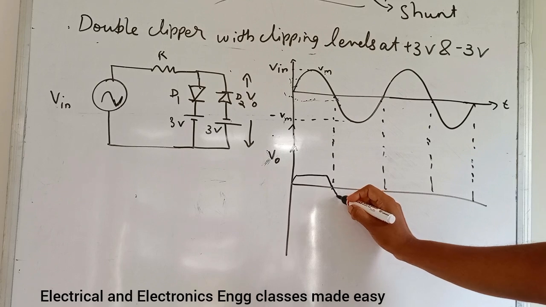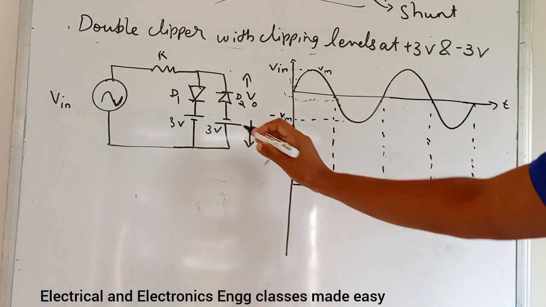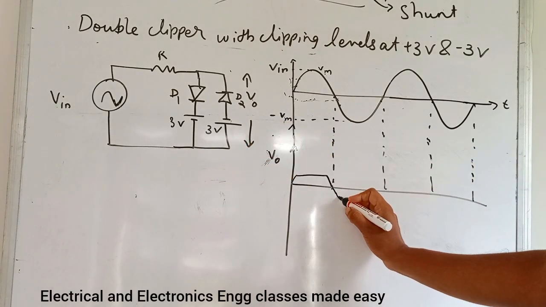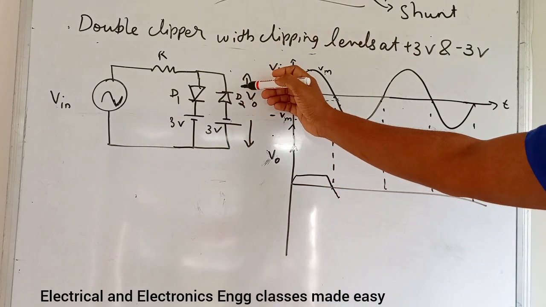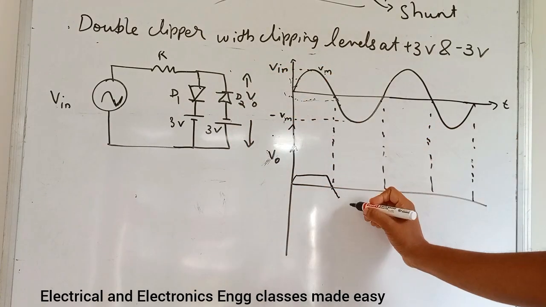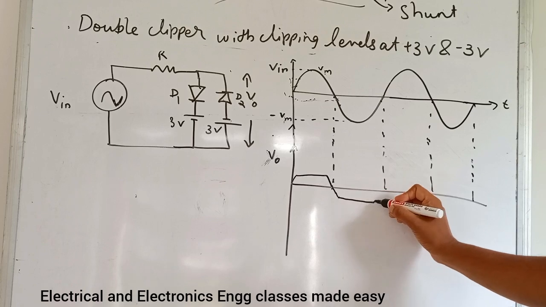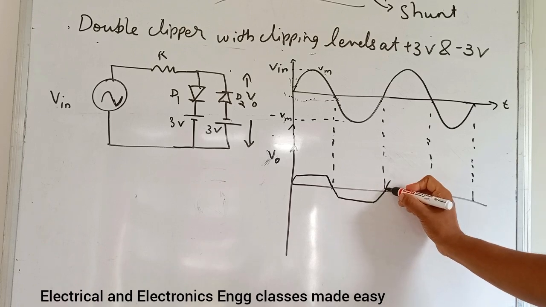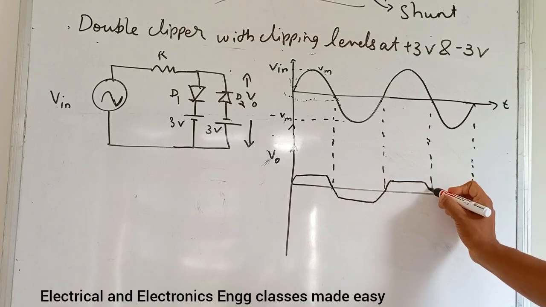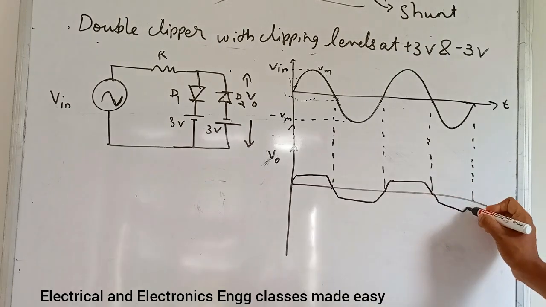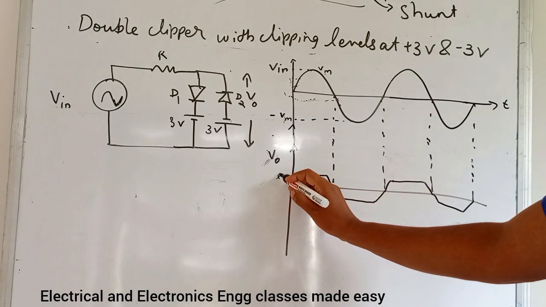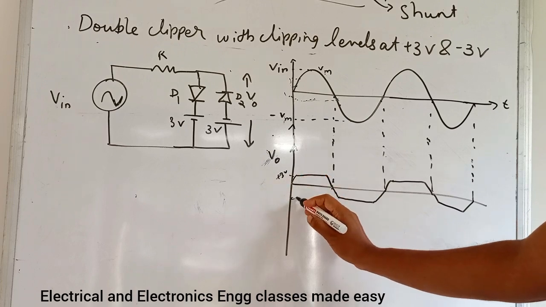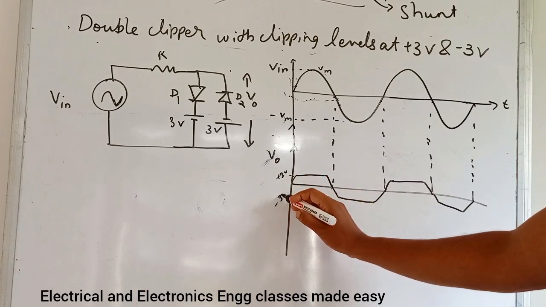So the output will be like this, that is up to this 3 volt it will not conduct. Then above this 3 volt this diode D2 will be conducting. So we will get a waveform like this. Again in the positive half cycle it will be like this. So this is plus 3 volt, then this is minus 3 volt.